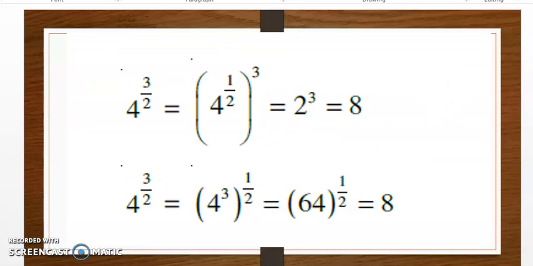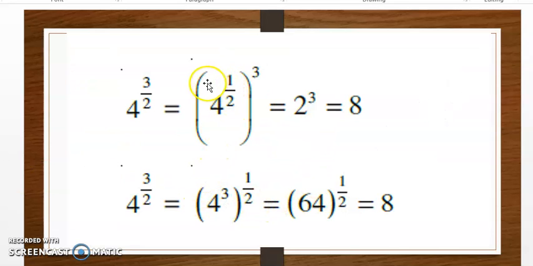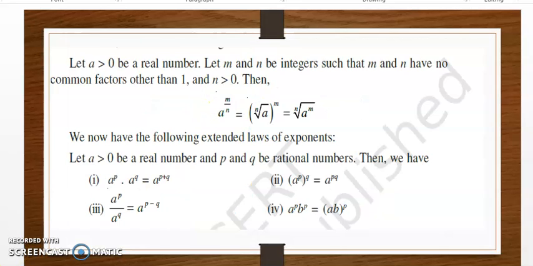So 4 to the power 3 by 2 means we take the 2nd root of 4, which is raised to the power 3. See, a to the power m by n means we first take the nth root and then raise it to the power m.